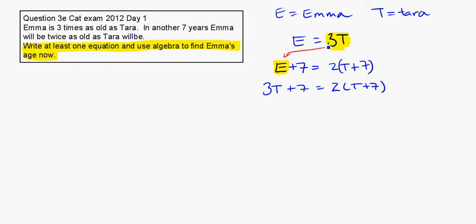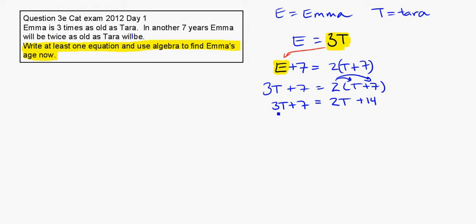If I know that Emma is 3 times Tara's age currently, if I see Emma, I can replace it with 3 times Tara. And now I'm going to expand out this equation and solve for t. So expanding my 2 to both terms in the brackets, that becomes 2t plus 14 is equal to 3t plus 7. And now I just need to solve for t.